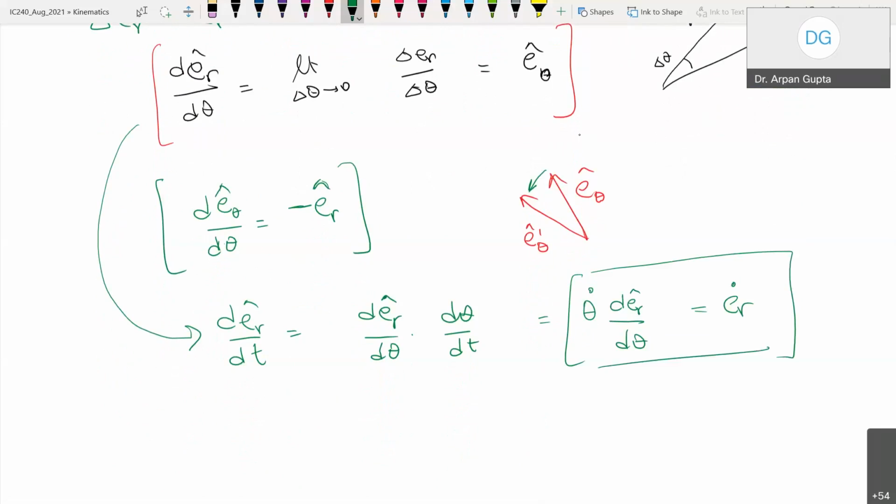So this is one important equation, and similarly the second important equation will be de theta by dt. This will be de theta by d theta times d theta by dt.